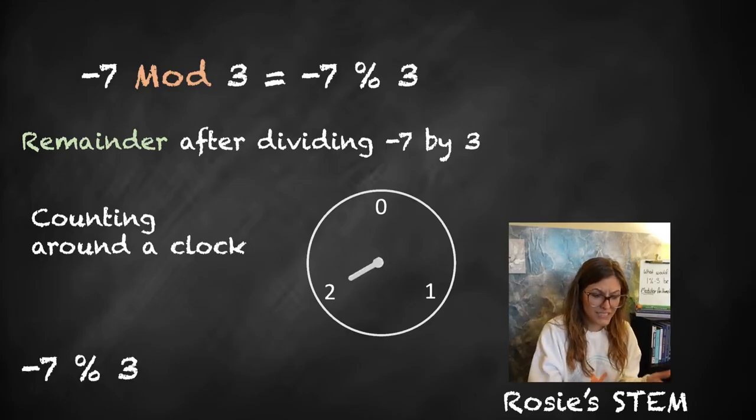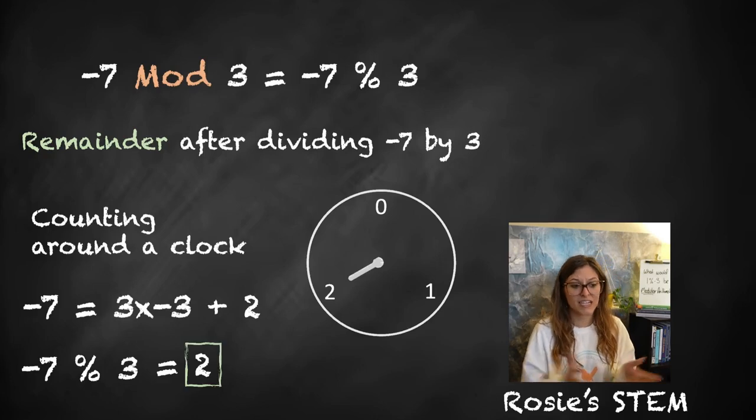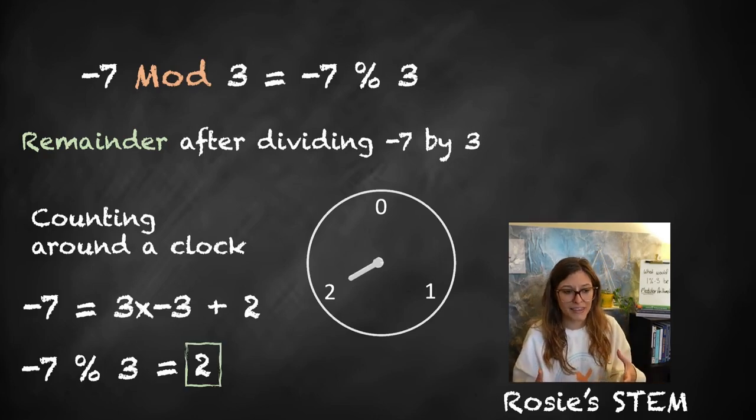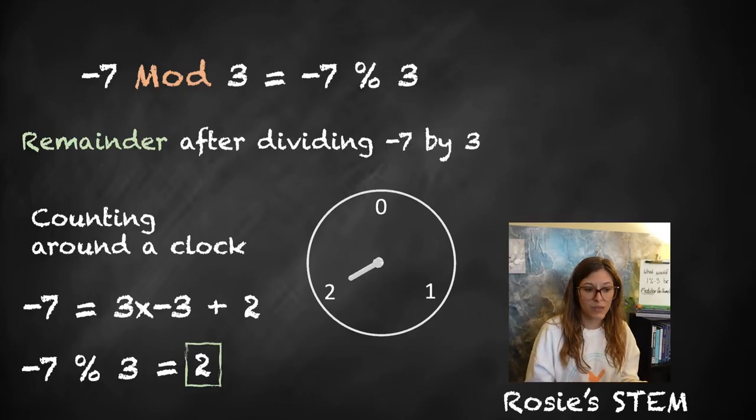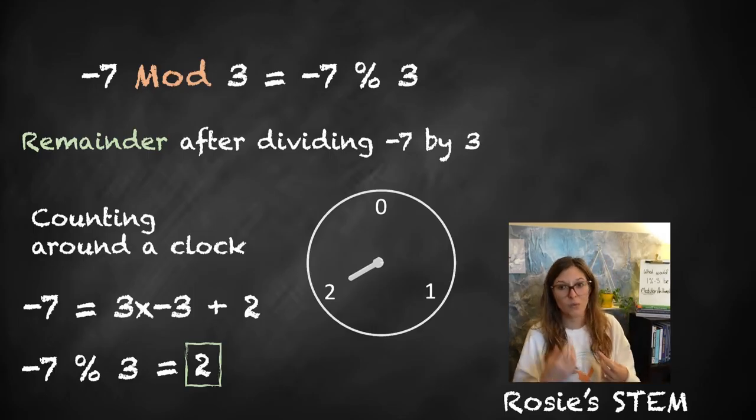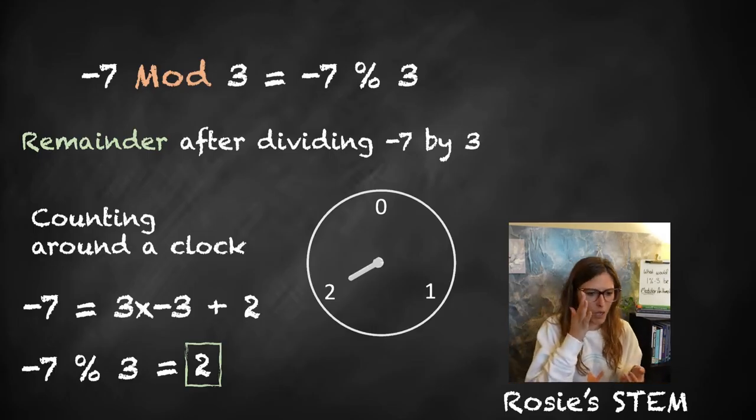So -7 mod 3 is actually going to give us 2. Another way of looking at this is if we did 3 times -3, we would end up with -9, plus 2 would get us to -7. So that plus 2 gives us a remainder of 2 in this type of problem.